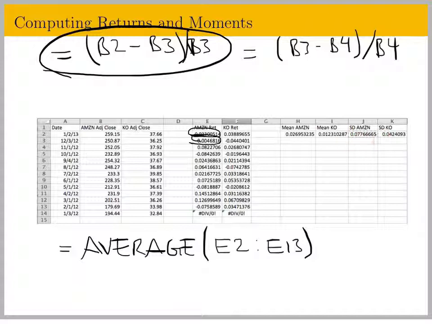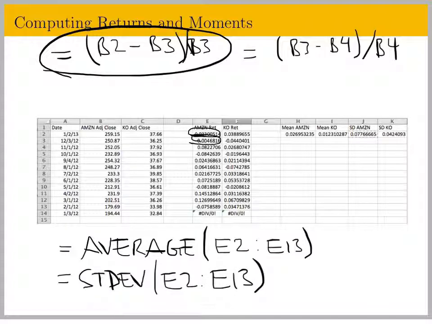And then finally, in these two cells, I did the standard deviation. The formula looks like this: STDEV, and then again, I'm doing the same range for Amazon, E2 to E13, and similarly for the Coke. So now what do we notice?